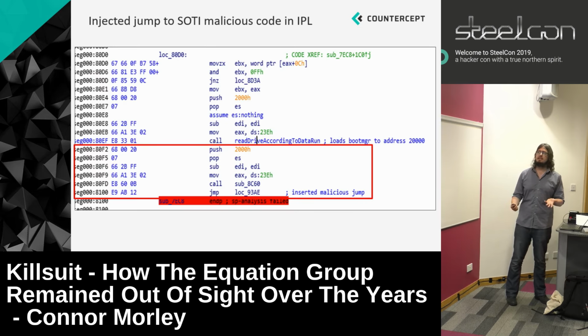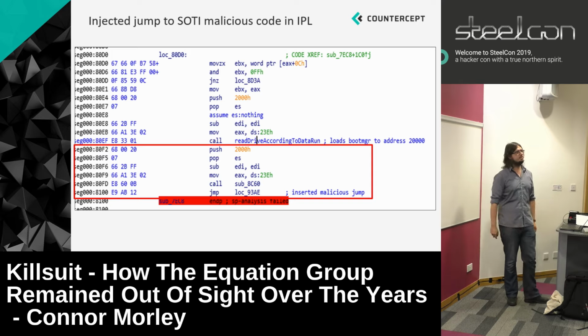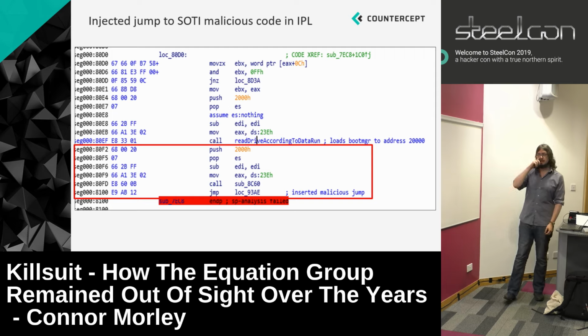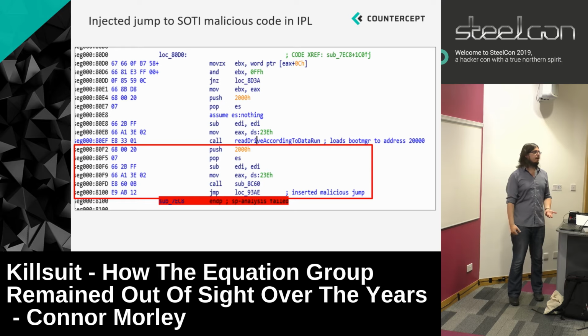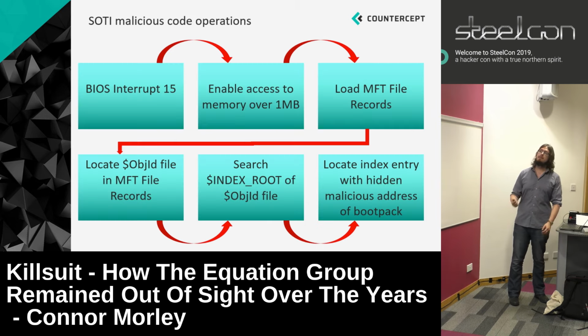This can be seen in the IPL, where at the bottom here it injects a jump to its malicious code at 93AE. This is basically its attempt to change the control flow and allow it to start doing its nasty work.